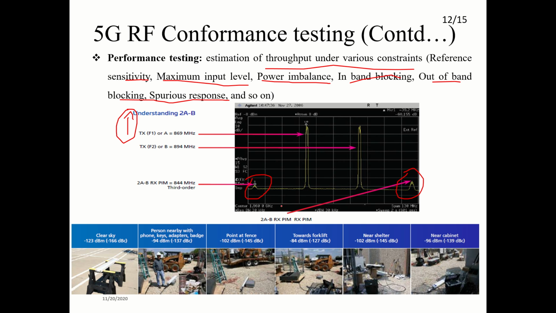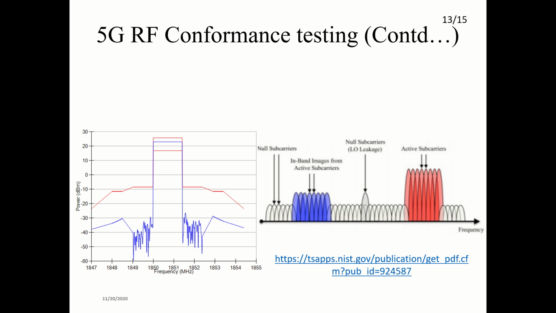This is the desired signal, but you are seeing some other signals also, which are due to various things, for example the antenna being near metal or near buildings. When your antenna is mounted on a building, you will get a lot of intermodulation, because sometimes they put flex, and the ladder and many things will be there. Under that condition, we have to see what my antenna performance and device performance are.